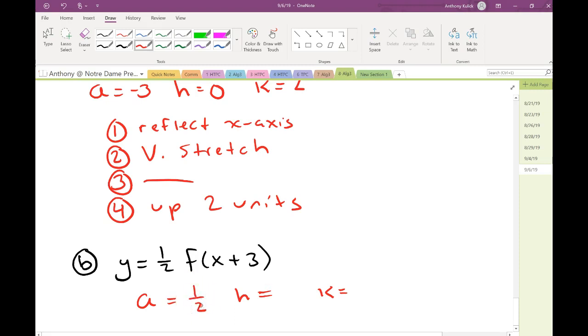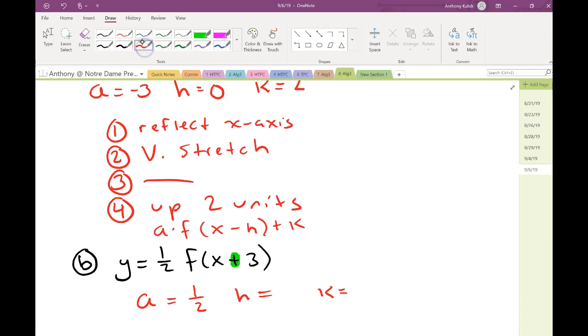What is our value for h? It's not 3. It's not 0. So if we go back and look, our general form says x minus h, but in our problem we have an addition symbol here.